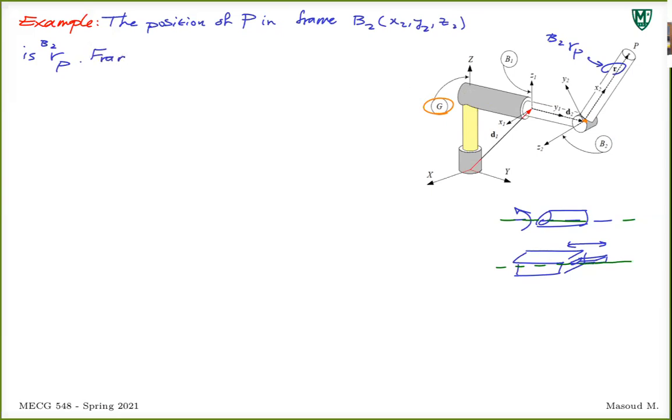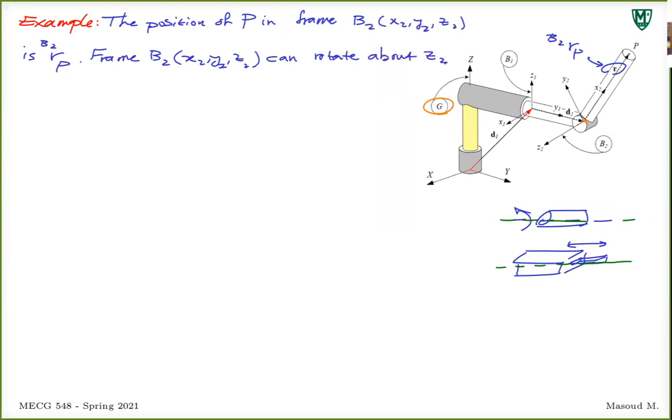Now we say frame, let me see, problem statement. Frame B2, describe the way this whole arm moves. B2, X2, Y2, Z2 can rotate about Z2.